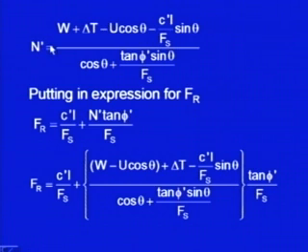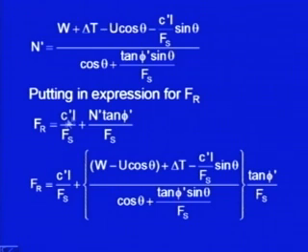N dash is equal to W plus delta T, which is T1 minus T2, minus U cos theta, minus C dash L upon Fs sin theta, divided by cos theta plus tan phi dash sin theta upon Fs. And now we put it back into the expression of Fr.